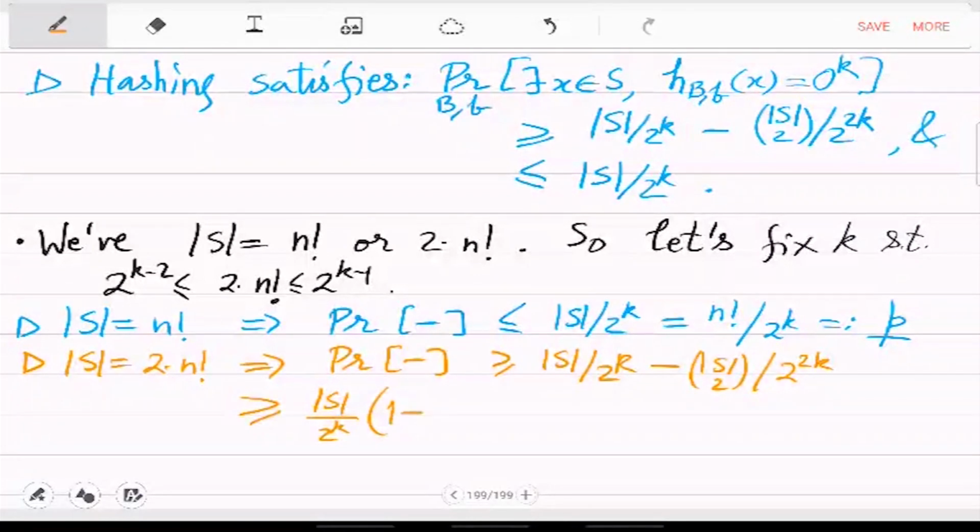We have 1 minus S by, so this is just simple calculation. So S choose 2 is S times S minus 1. We approximate it by S squared by 2, and you get this, which is greater than or equal to, okay, so let's do this later.